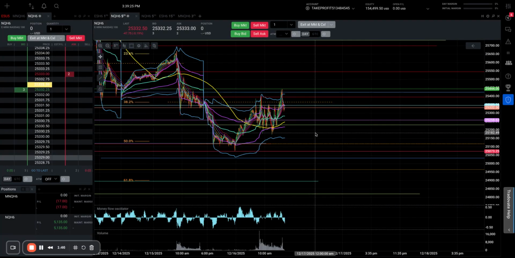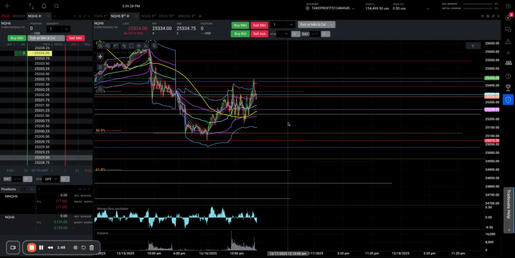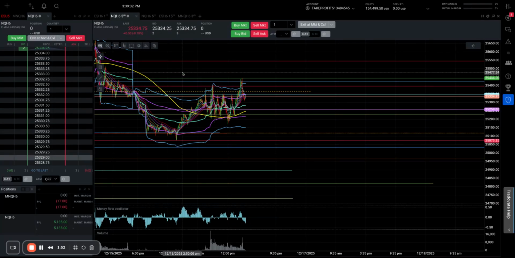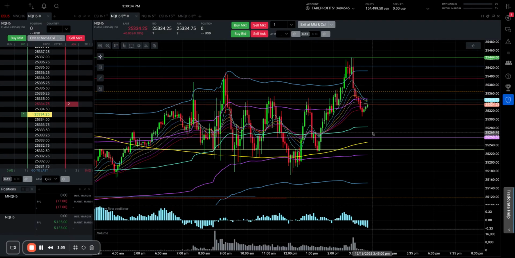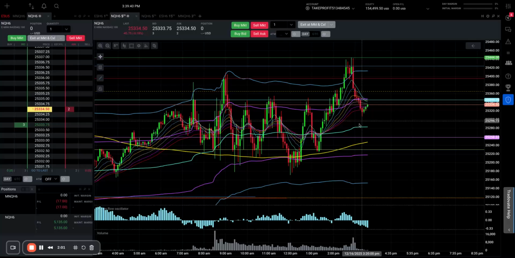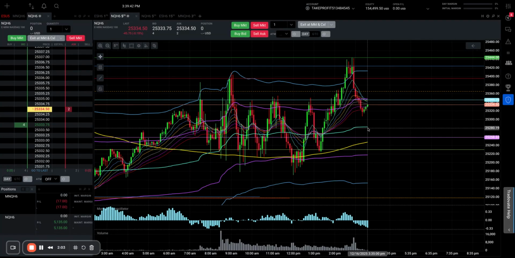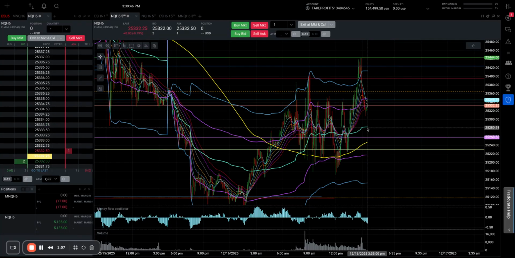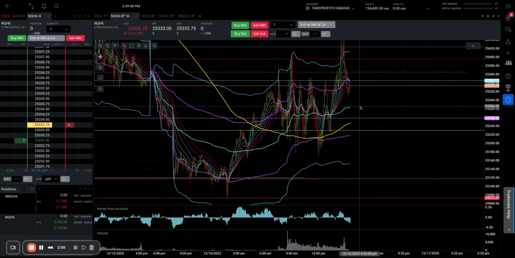Now, the one strategy that I'm going to teach today is going to be about this middle VWAP, which is on your NOM right here. This is the middle equilibrium, middle VWAP resistance level, support or resistance level.